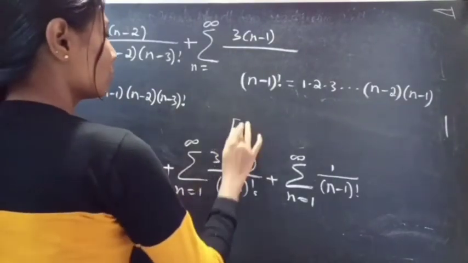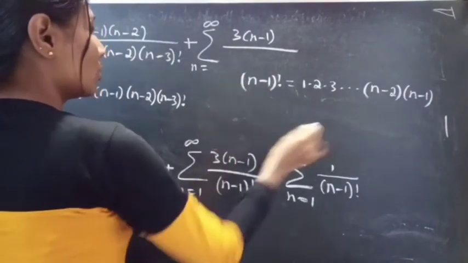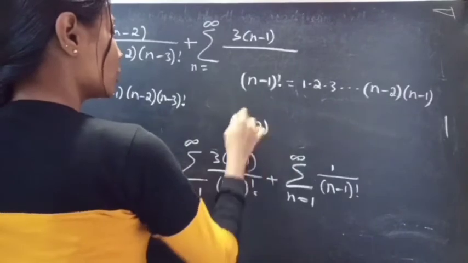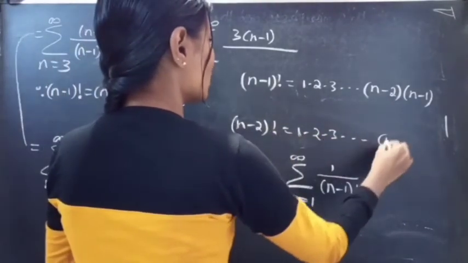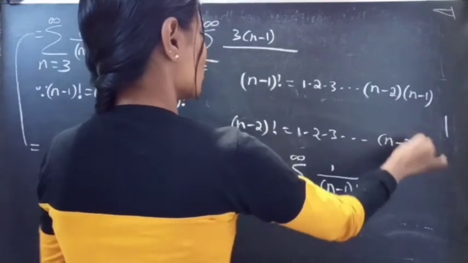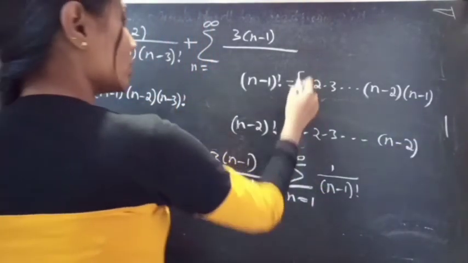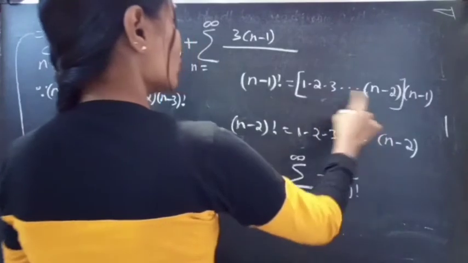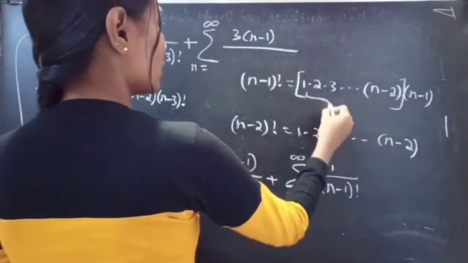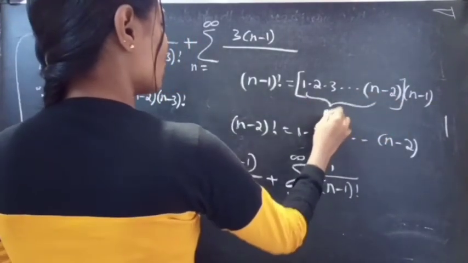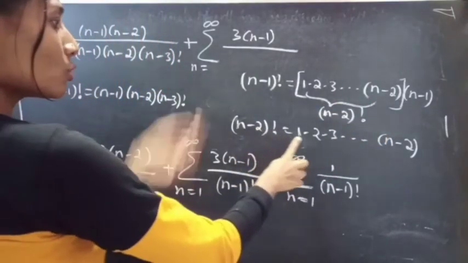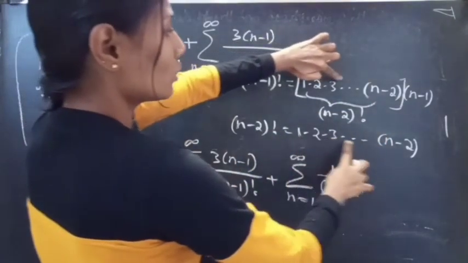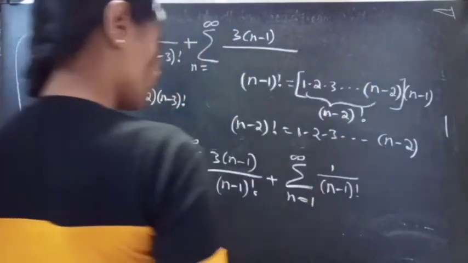Also we have n minus 2 factorial equals to 1 into 2 into 3 into so on into n minus 2. So here we will replace this 1 into 2 into so on into n minus 2 by n minus 2 factorial, since n minus 2 factorial equals to 1 into 2 into 3 into so on into n minus 2.